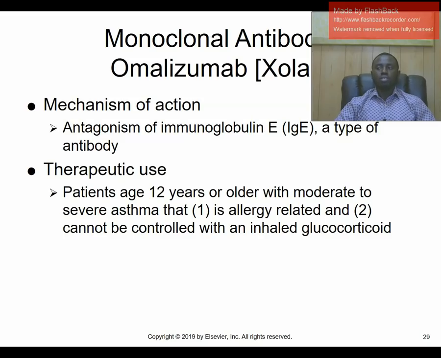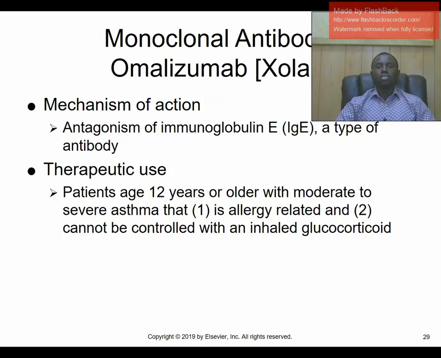This is a type of antibody in the body system. It is used in clients who are 12 years or older who have moderate to severe asthma that is allergy related and cannot be controlled with inhaled glucocorticoids.